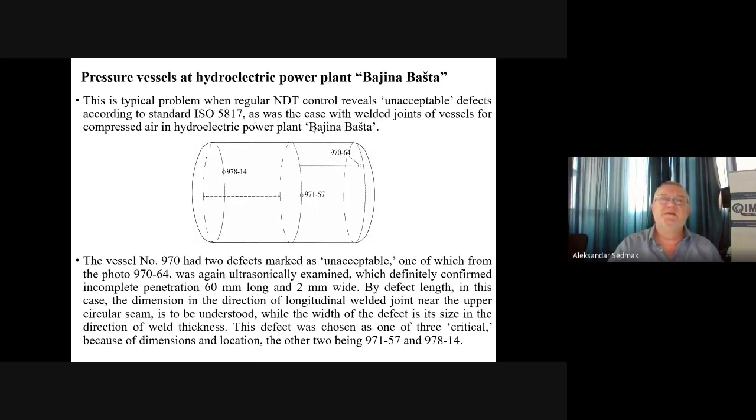It is in Serbia at the Drina River. It is very high pressure. Inside you will see concrete. And it was working for about 20 years when these unacceptable defects were revealed.